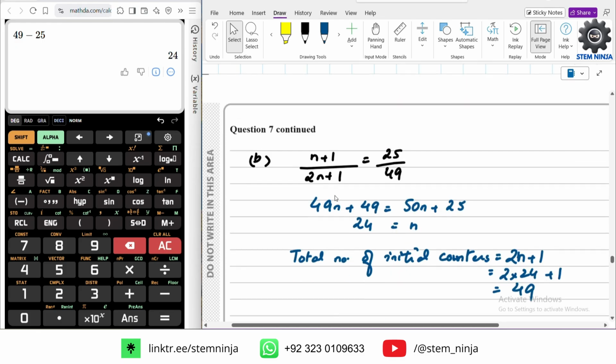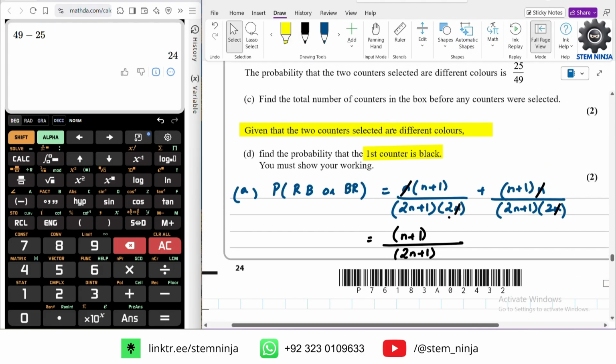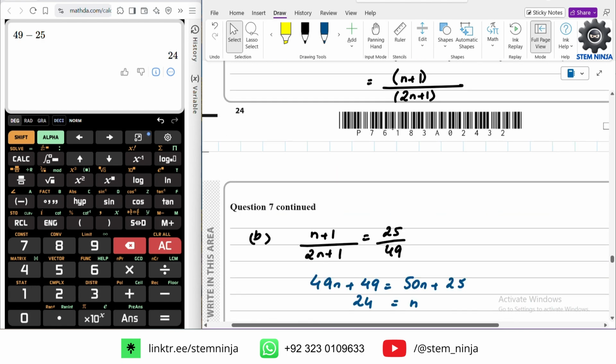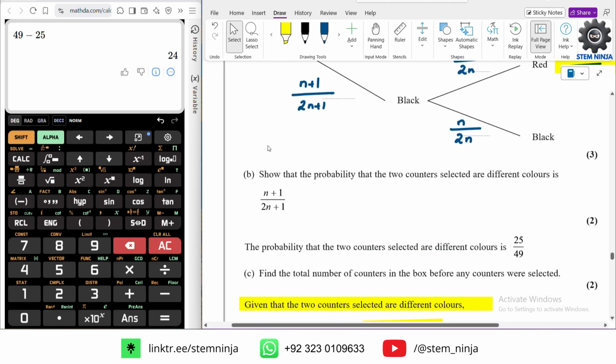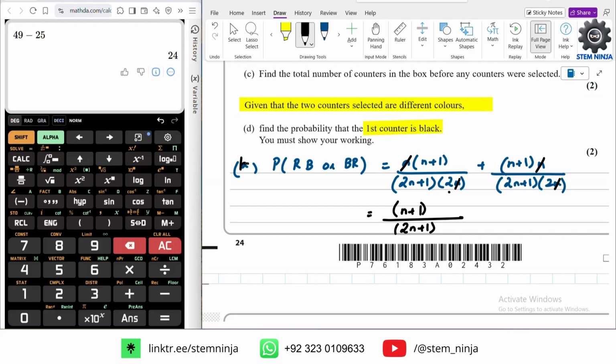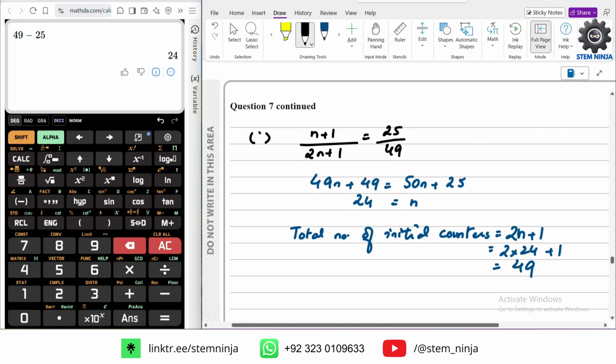Okay, so we must show the working. Wait a second. This was the C part. What was the B part then? This was the B part. Yeah, this was the B part, and this is the C part, and the D part now comes.